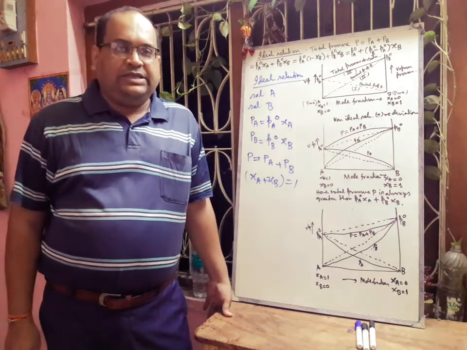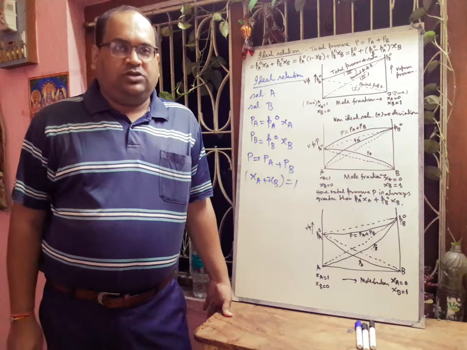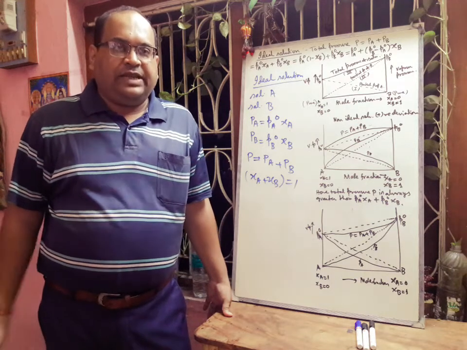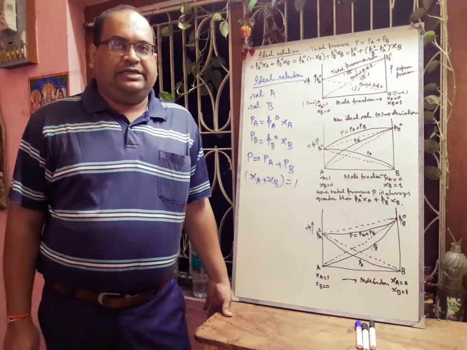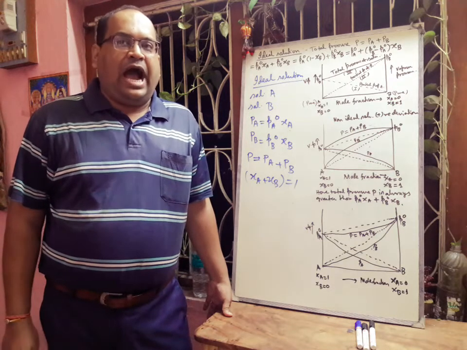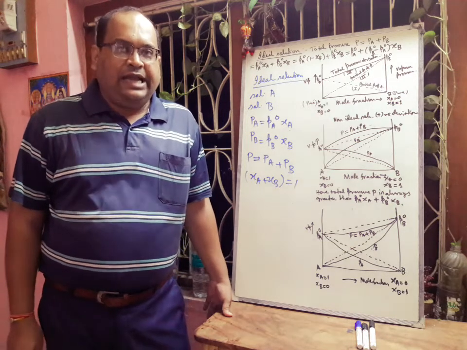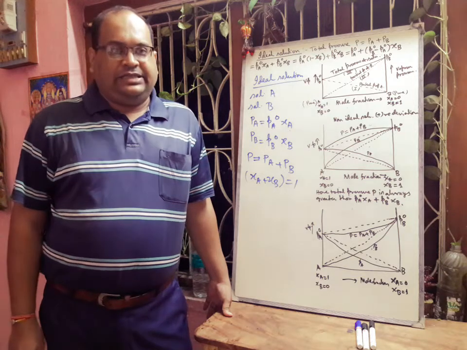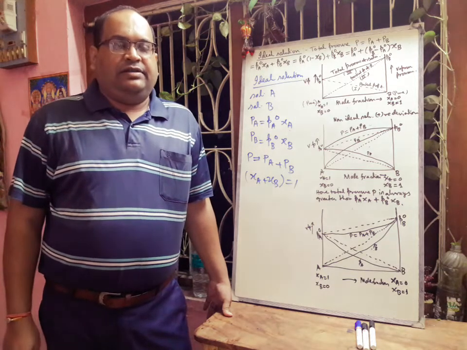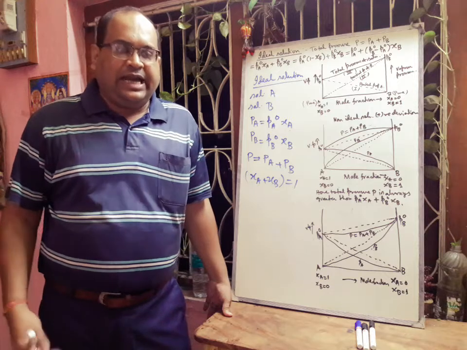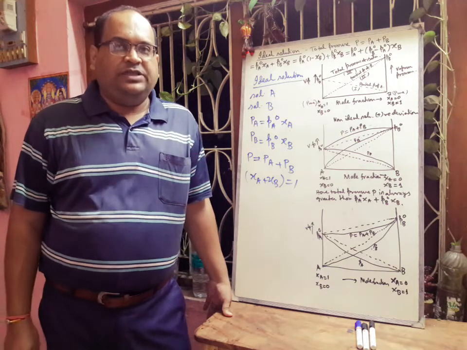An ideal solution obeys Raoult's law under all conditions of temperature and concentration. Now, what are the characteristics of an ideal solution? An ideal solution should possess the following characteristics. If we mix the solutions, then delta H mixing should be 0.